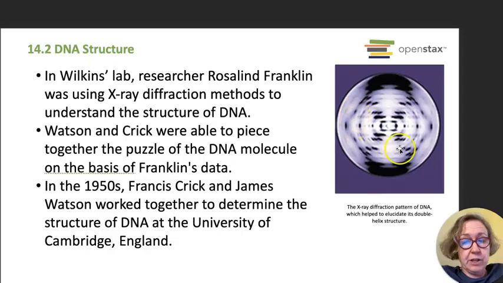But Rosalind Franklin took this picture, which is known as Photo 51. Watson and Crick, unbeknownst to her, stole that data from her. As she was leaving the lab, they took her data and were able to puzzle how the DNA was done in a helix. You can sort of see this helical structure here, and this is the X-ray diffraction picture taken by Rosalind Franklin.